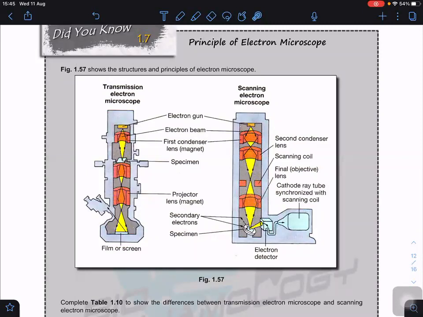You will die. Electrons are very, very high energy. So the specimen must be treated with heavy metal. This you have to be careful about when you process the specimen. Why do we need to use heavy metal? Because we want to create contrast.